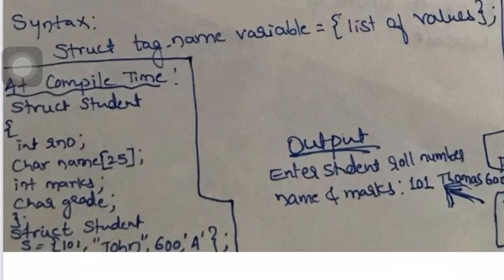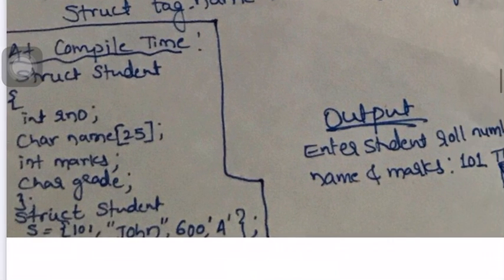At compile time, this is one example. You can see here struct student, this is the structure type.